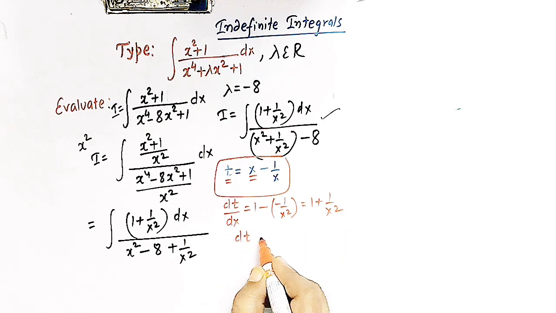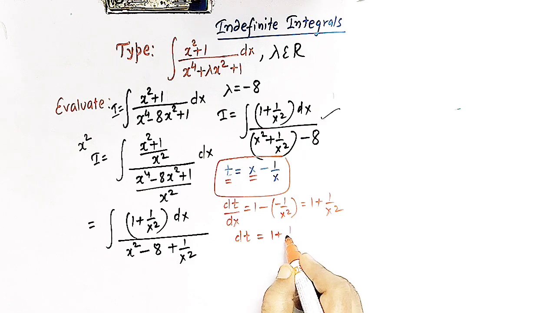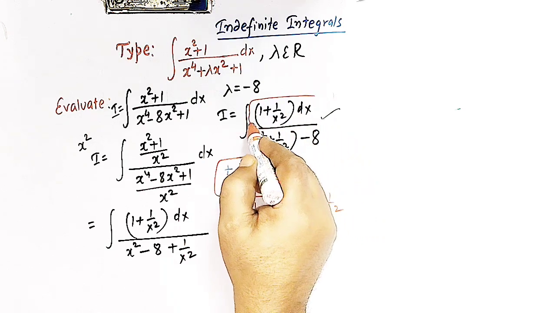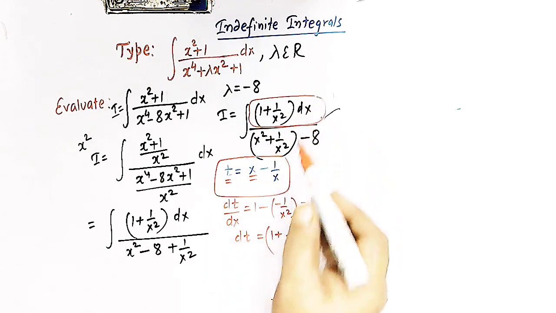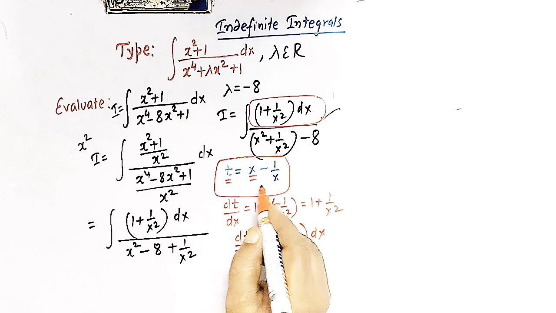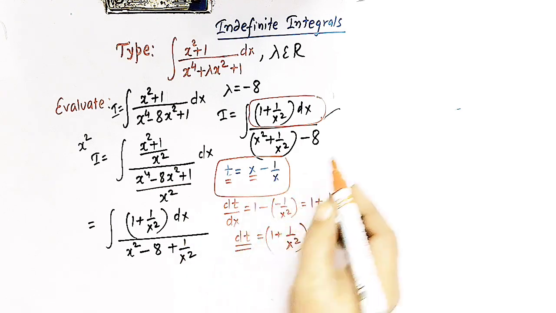So now dt can be written as 1 plus 1 over x square times dx. So now we can replace this quantity with dt, right? So this is the appropriate substitution here.